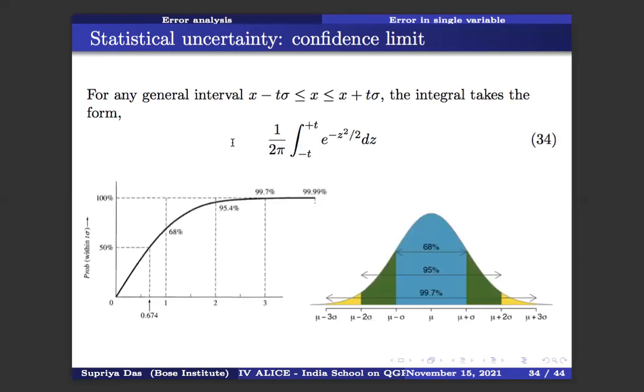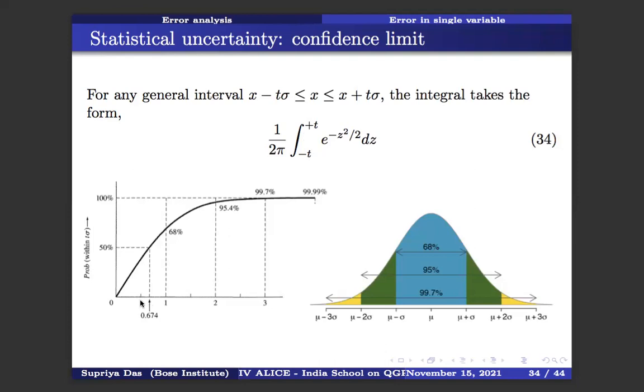Because, if you just plot, the first thing is, this cannot be solved analytically. This has to be done numerically. Numerically, it is possible. In a computer program, you can calculate the value of it.